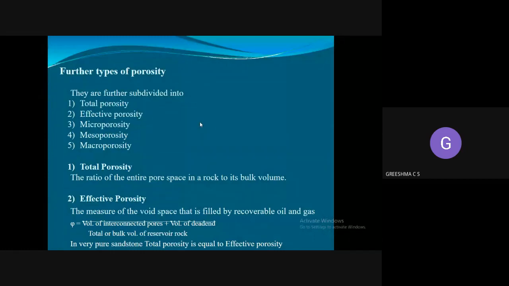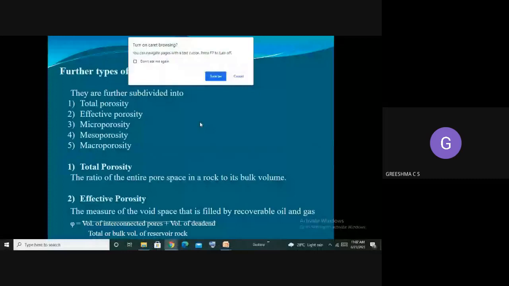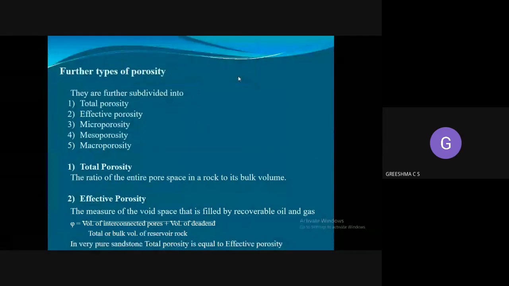Now, effective porosity. Effective porosity is a measure of void space that is filled by recoverable oil and gases. We know that in some stones there will be oil and gas content. In our Mumbai also there are oil plants.